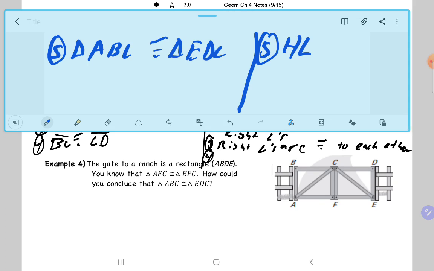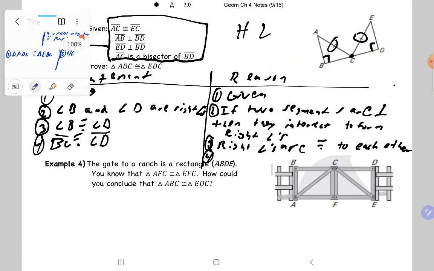Okay, so let's review again. You always start with your given. So they tell us that AC is congruent to EC, and they tell us that those are perpendicular. So because those are perpendicular, they form right angles.